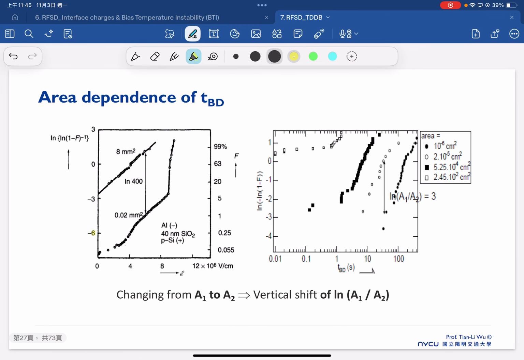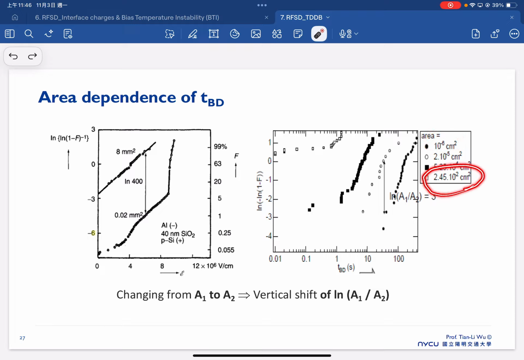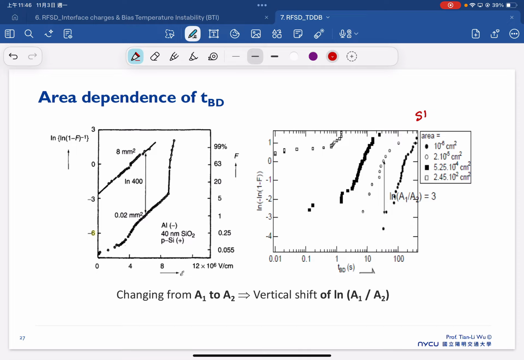As shown here, on the right-hand side is the TDDB Weibull plot with area varying from this value to this value. With a small area here, we have the TBD around 100 seconds.